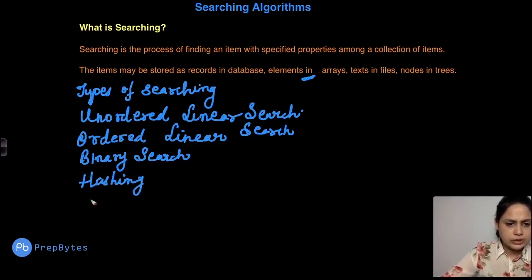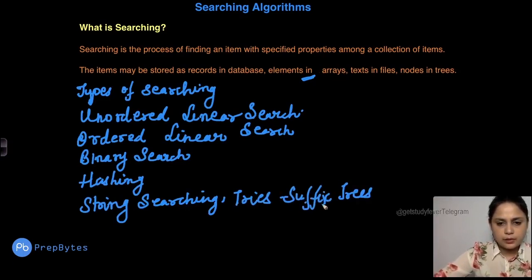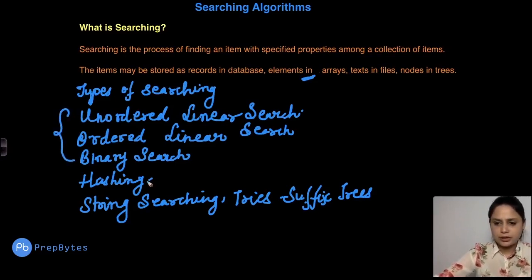Then we have string searching algorithms, in which we use tries, suffix trees, etc. We will be majorly talking today about the first three searches. Hashing we will talk about later on, and string searching algorithms are generally used when you have a string and you have to search for a particular text in it.